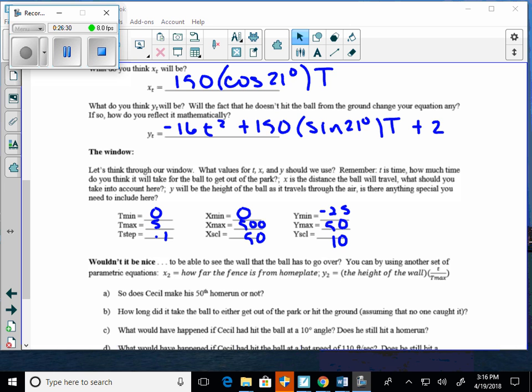Once you do that, graph it. Does it make a basket? Yes, it does. If you want to see it again, go to y equals, go to the y sub 1 and do 10 and graph it.